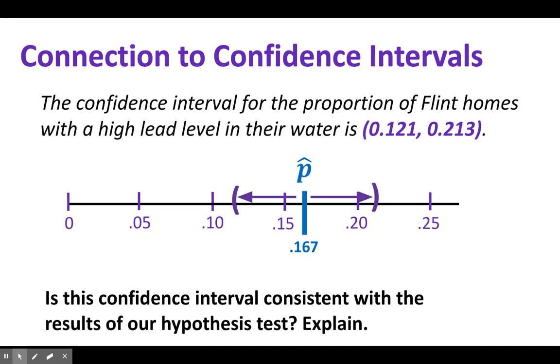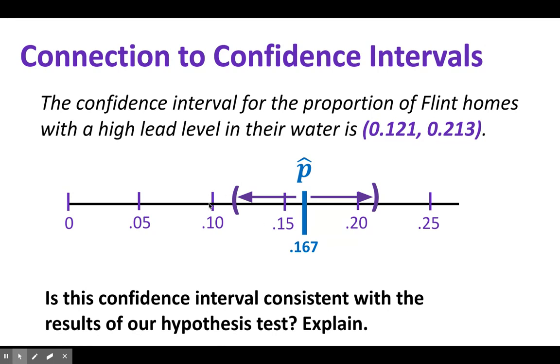Think about this. Remember, this is an interval of plausible values. Notice that 0.10 isn't in it. So, is this consistent? Yes, in the hypothesis test we got evidence that we should reject the null.